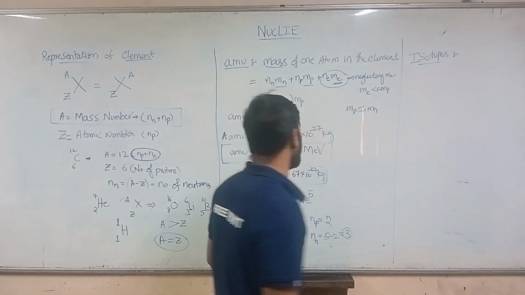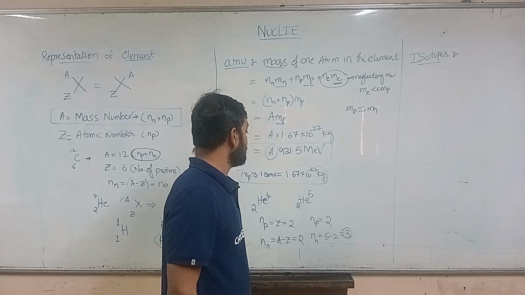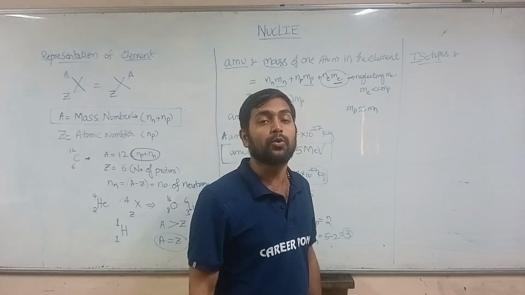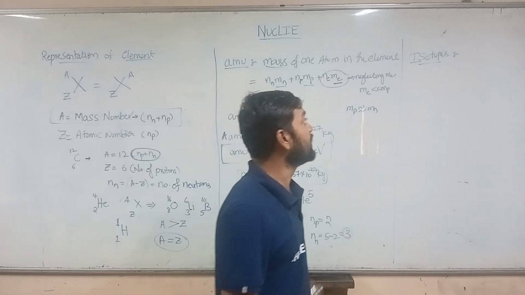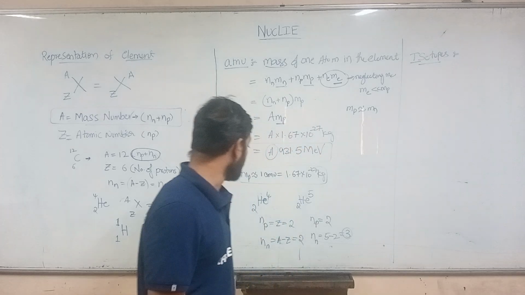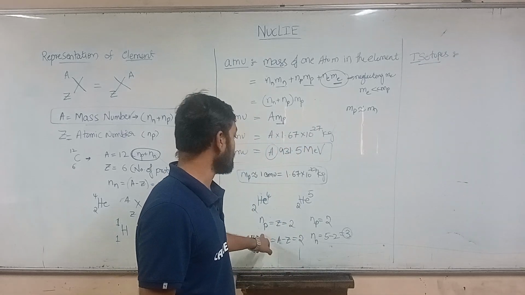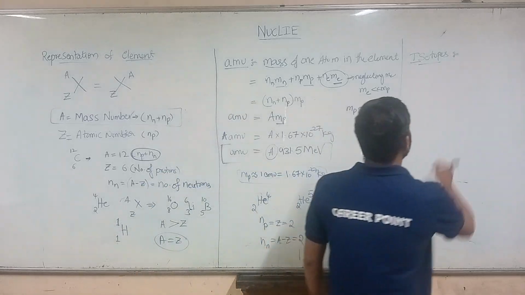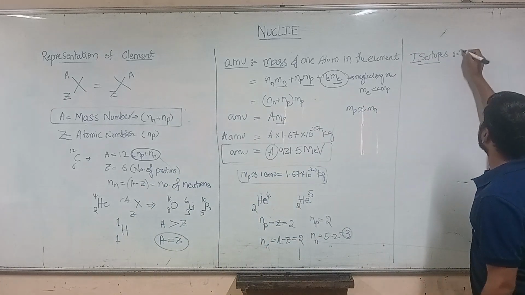Right. So isotopes. In isotopes, the number of protons is the same, but the number of neutrons is different. So in a nucleus, the number of protons is the same and the number of neutrons is changing.